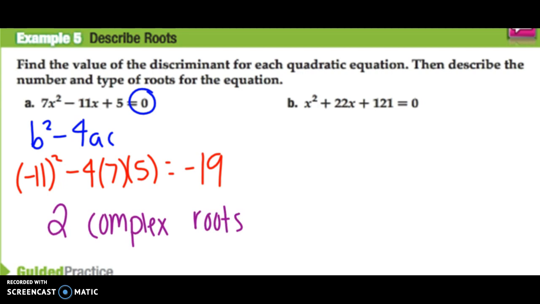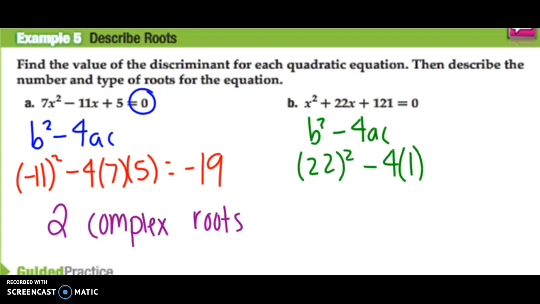Letter B. So for this one, I'm going to, again, start with my discriminant, b squared minus 4ac. So b is going to be 22 squared minus 4 times 1, because, again, we have 1 in front of the x squared, and 121. I put this into my calculator: 22 squared minus 4 times 1 times 121 equals 0.